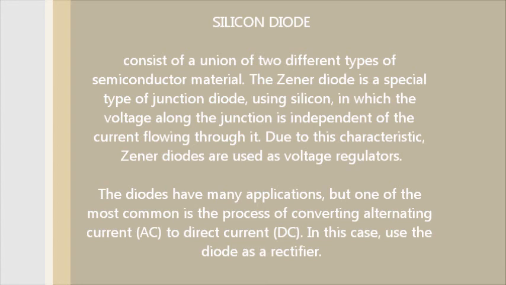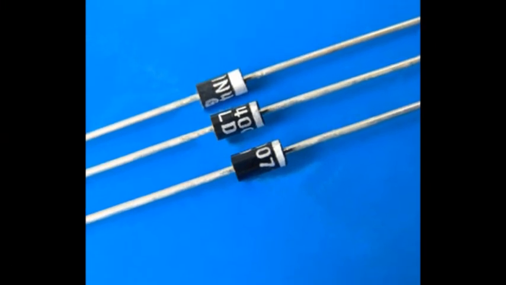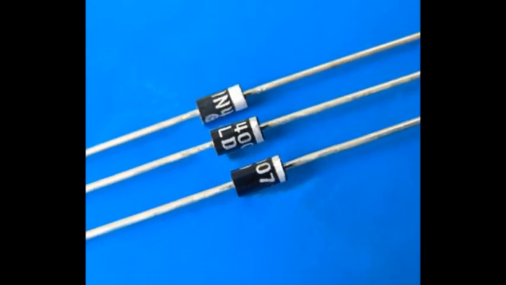Due to this characteristic, Zener diodes are used as voltage regulators. Diodes have many applications, but one of the most common is the process of converting alternating current to direct current. In this case, we use the diode as a rectifier. This is one of these, and this is the schematic symbol.